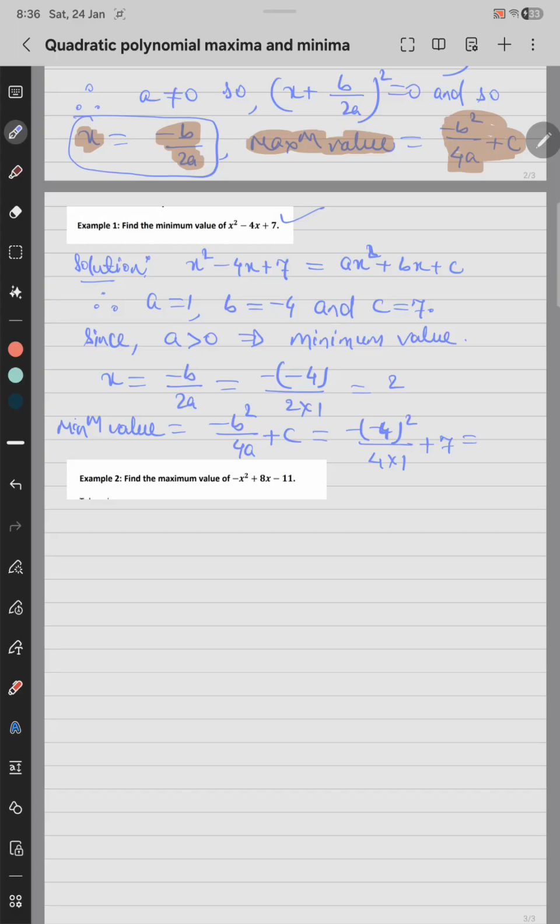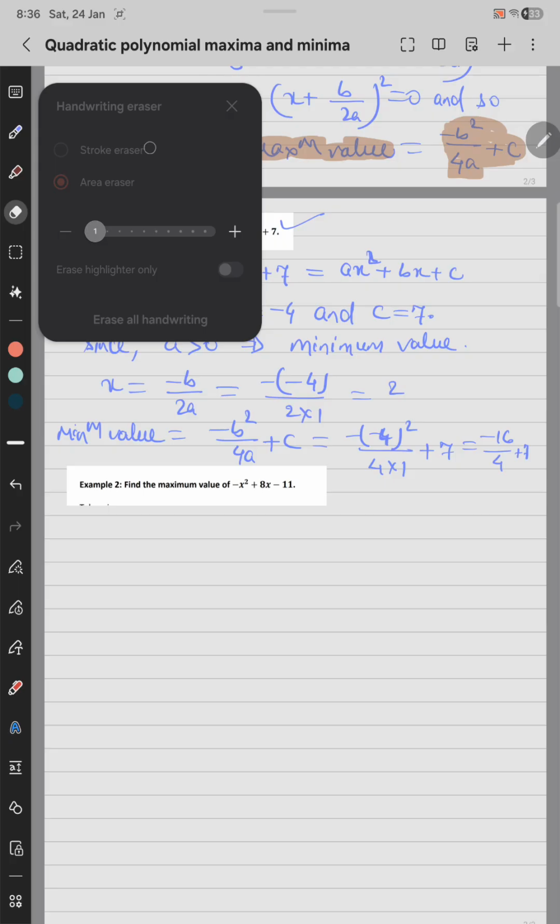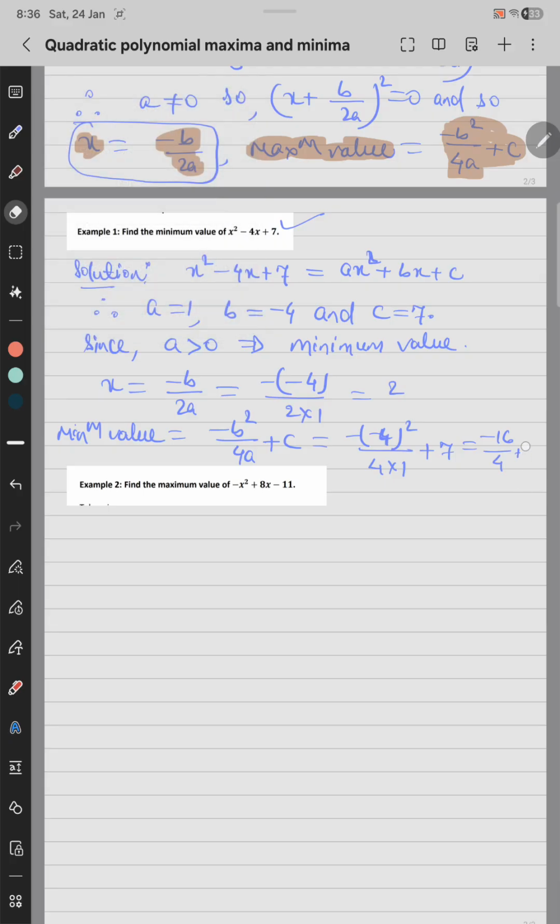So this gives us minus 16 divided by 4 plus 7, and therefore we will have the minimum value equal to minus 4 plus 7, which is equal to 3.